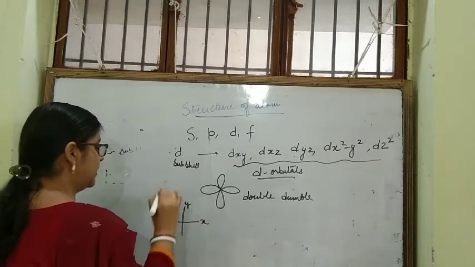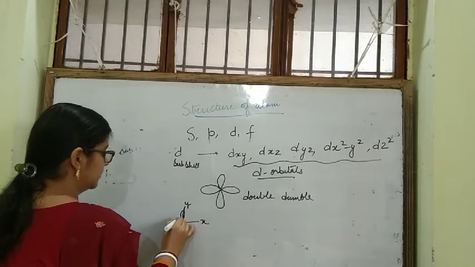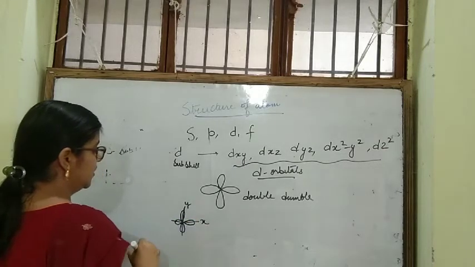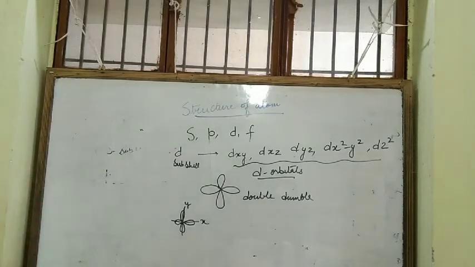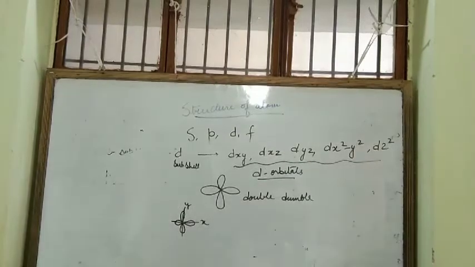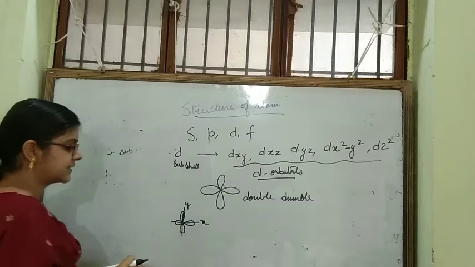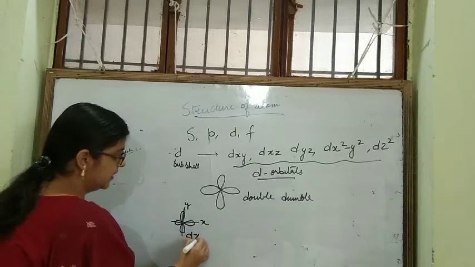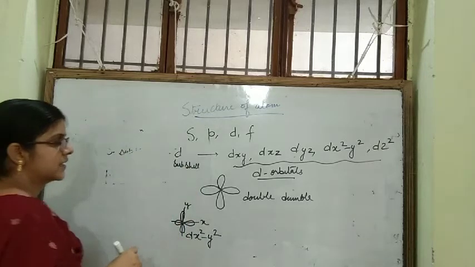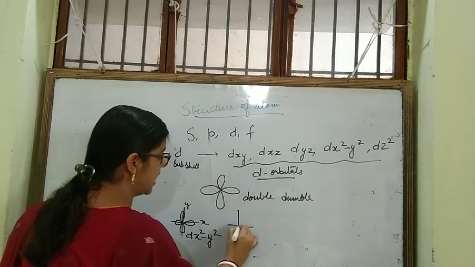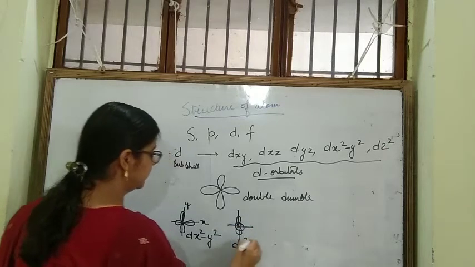x and y. If the lobes of the orbital lie along the x and y axes, then this is dx square minus y square orbital. Next, what is the shape of dz square? It is like this, dz square.